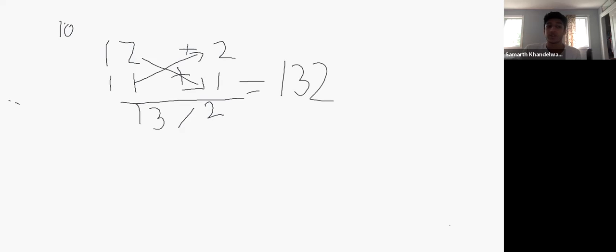And 11 is equal to 10 plus 1, so we write a plus 1 here. Now we do the same thing that we did before. 2 times 1 is 2. But this time when we do the cross, it's an addition. 11 plus 2 is equal to 12 plus 1, and it's 13. And you get the answer, 132. There's your answer.